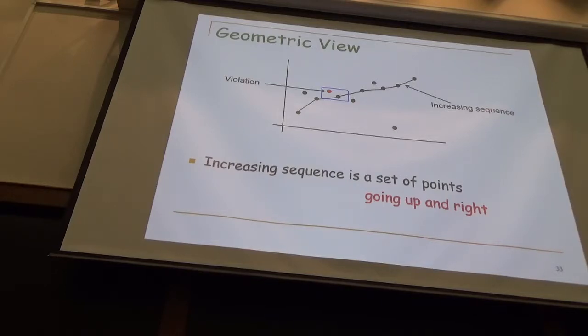The key thing you have to realize, when you are doing distance to monotonicity, is that you want to find the smallest number of points that cover all violations. What I mean is, for every violation, you have to remove one of those 2 points. So I want to pick a set of points in such a way that I hit every violation.